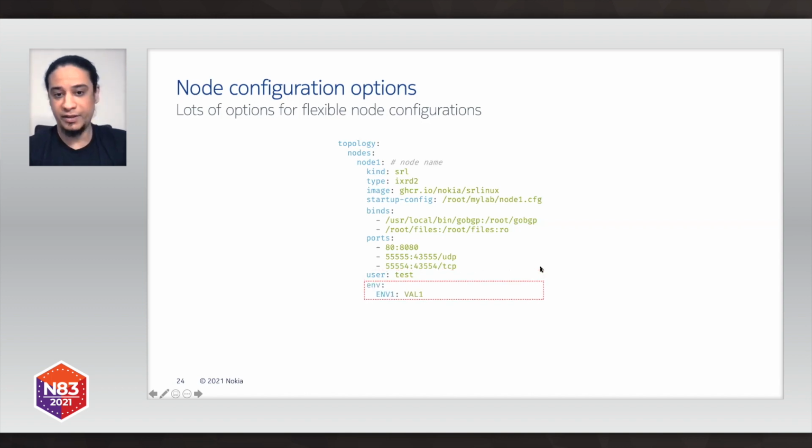With the env field, you can set environment variables that your container can use. So if your application can use environment variables for configuration, you can set that directly into the Containerlab topology file.